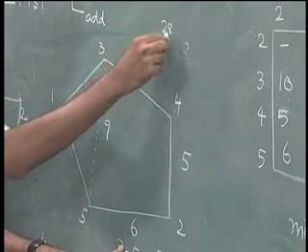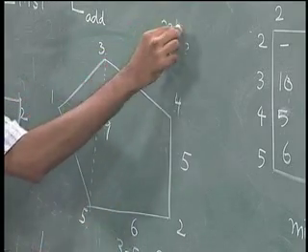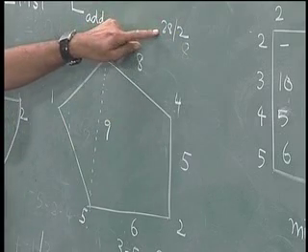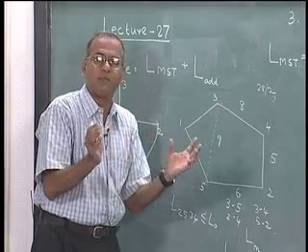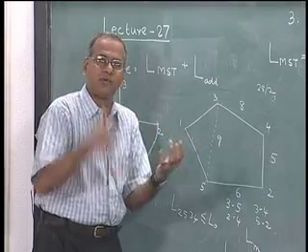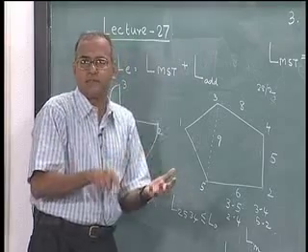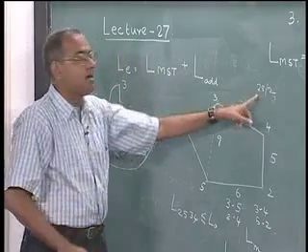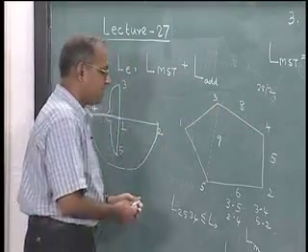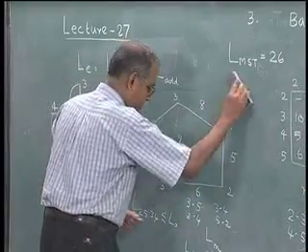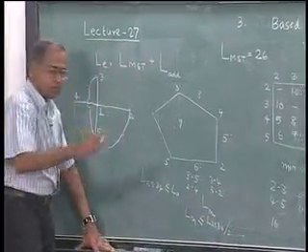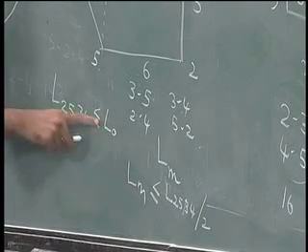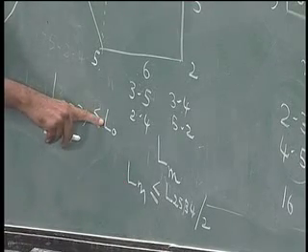Now, you see that the minimum of them has to be less than or equal to 28 by 2. It is just like saying I have a number, I divide it into two numbers such that the sum of these two is the given number, the minimum of the two should be less than or equal to half of it. So, it is a very simple result from which we can say that this Lm is less than or equal to L2534 by 2. Therefore, this Lm is less than or equal to L0 by 2.